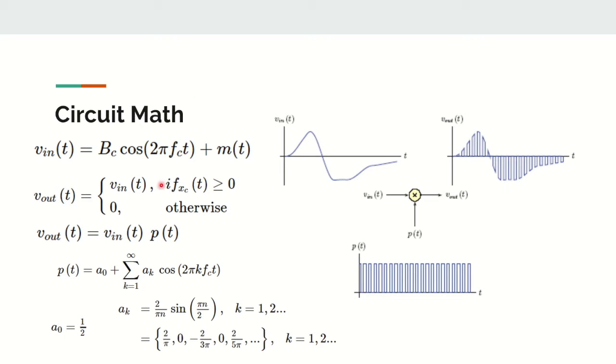So here you'll see our V in to our rectifier circuit. Our output is going to be V in if our input is greater than 0 and 0 otherwise. This can also be modeled by taking our input and multiplying it by p of t, which is just going to be this message signal here. p of t can be defined by this sum of cosines.